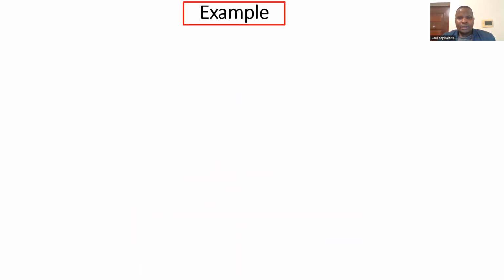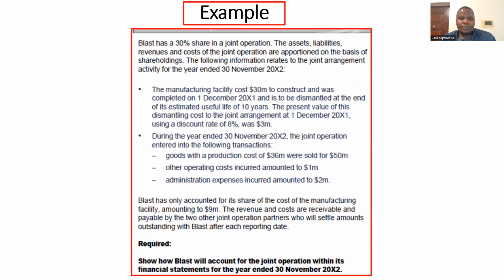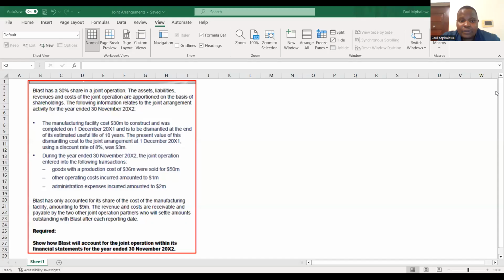Okay. So another example, Blast has 30% share in the joint operation. For this one, what I did was to copy the same question in Excel so that we analyze the facts, because this one needs a bit of time.